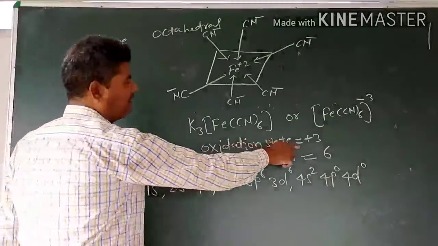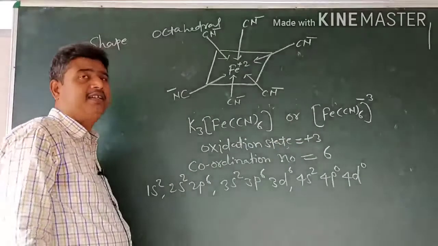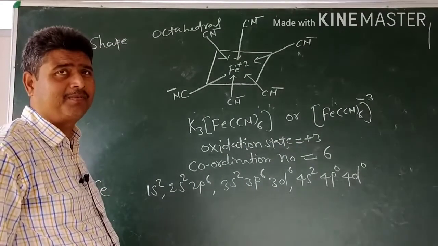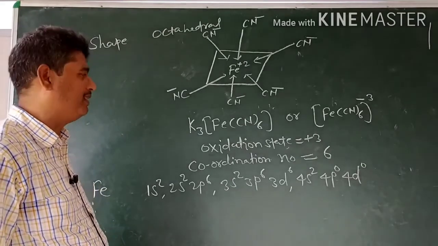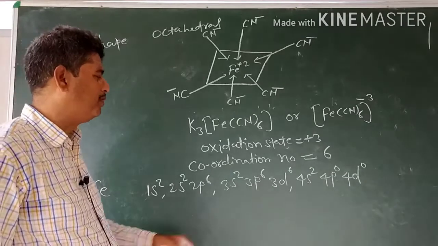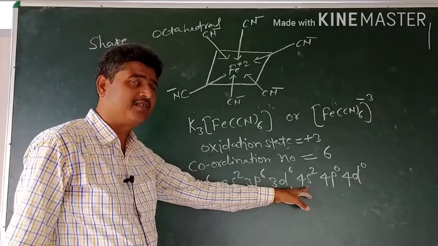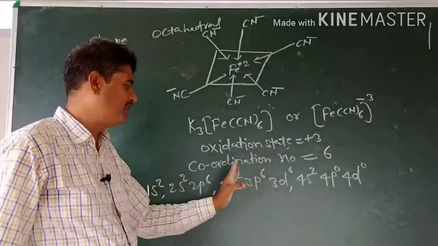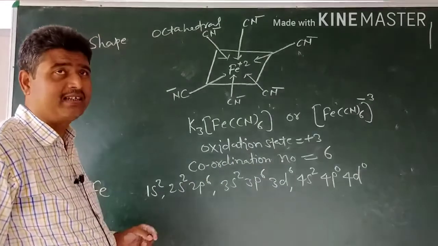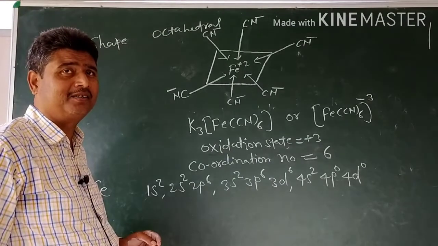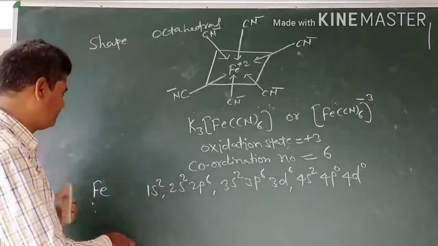Here oxidation state is +3. It means we have to remove 3 electrons from the outermost shell of the Fe. For 3 electrons, we will remove 2 electrons from 4s and 1 electron from 3d. Thus, electronic configuration for ferric ion Fe+3 will be as follows.